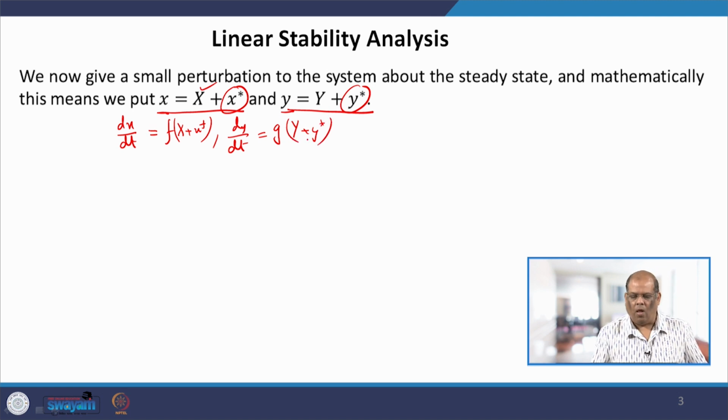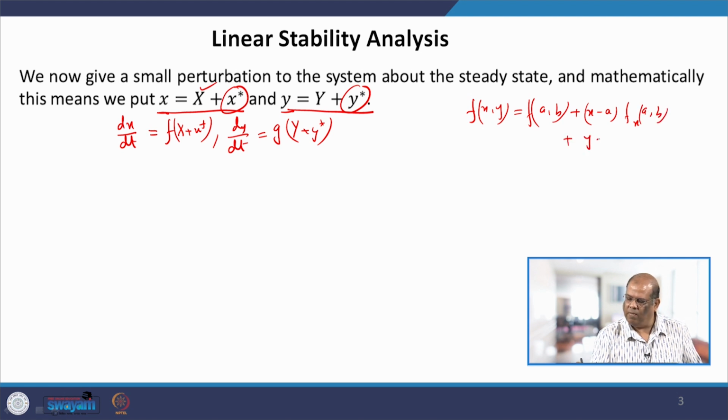Now, we will be using the Taylor series expansion, and if you recall, the Taylor series expansion is f(x,y) equal to f(a,b) plus (x minus a) times f_x at the point (a,b) plus (y minus b) times f_y at the point (a,b) plus higher order terms.